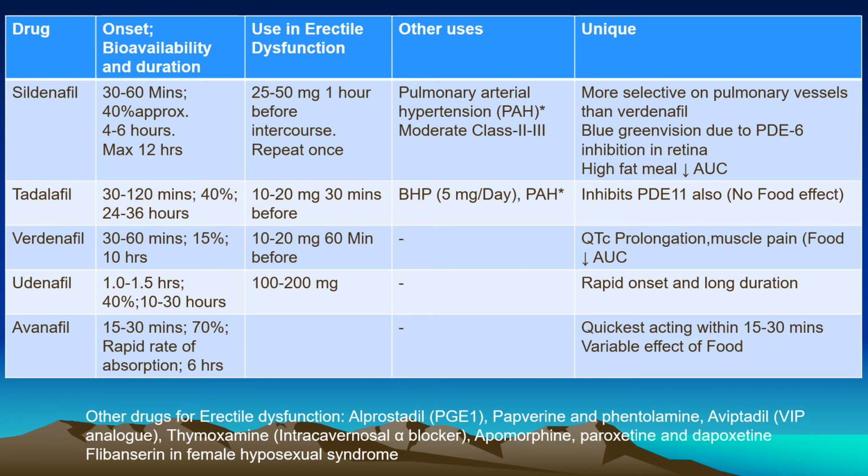They act centrally, and currently a new drug which acts on the serotonin receptors is flibanserin. Flibanserin is called the female arousing drug, or in developed countries the female Viagra. Sildenafil is available as Viagra, so it is a male Viagra, whereas flibanserin is called female Viagra, and it is approved for the treatment of female hypoactive sexual desire disorder.